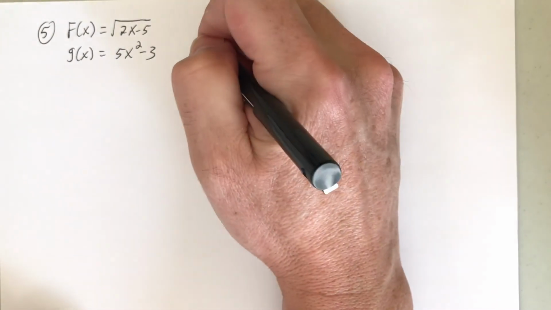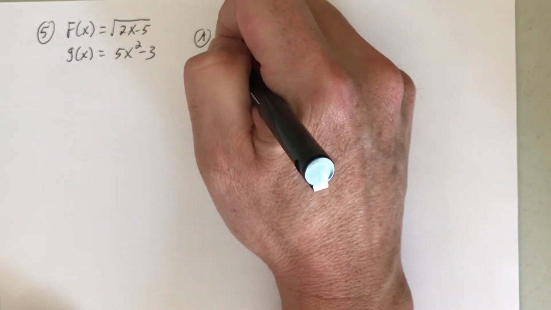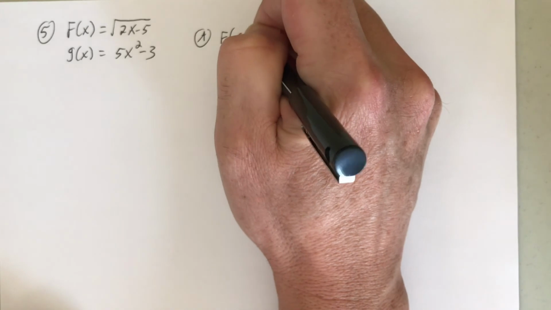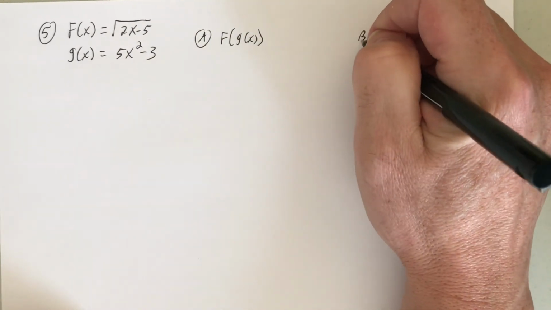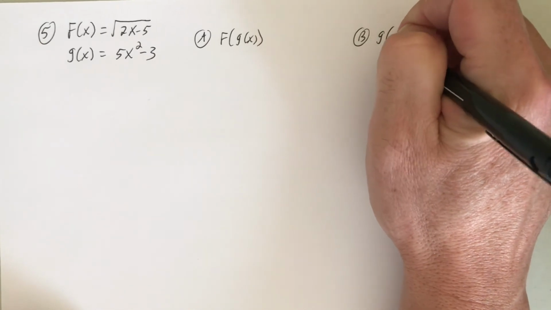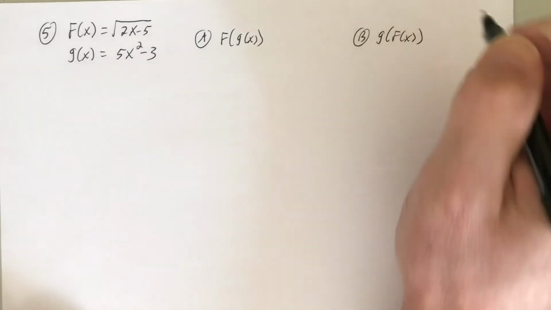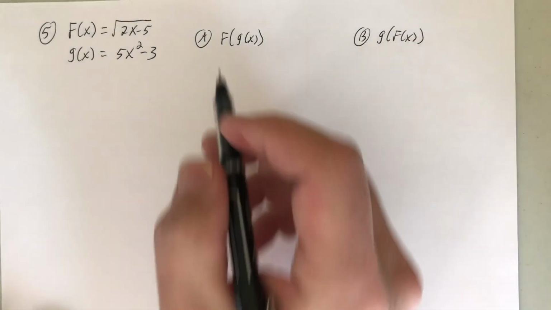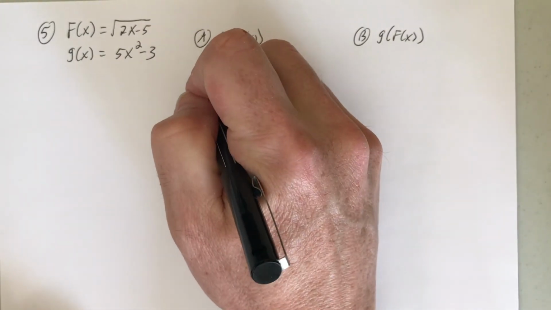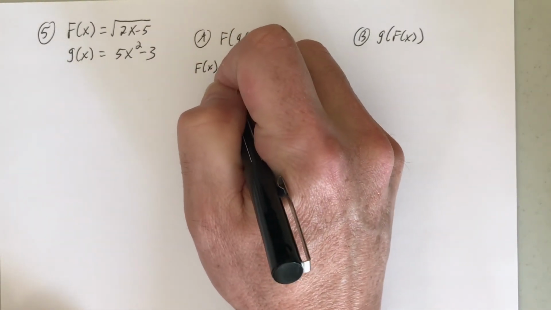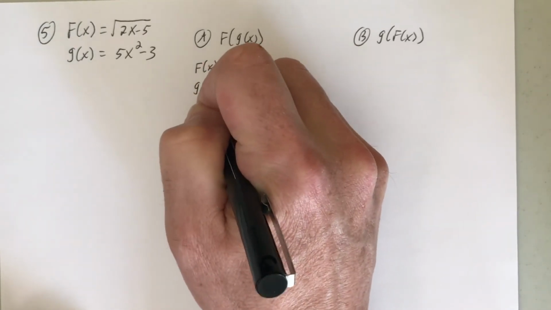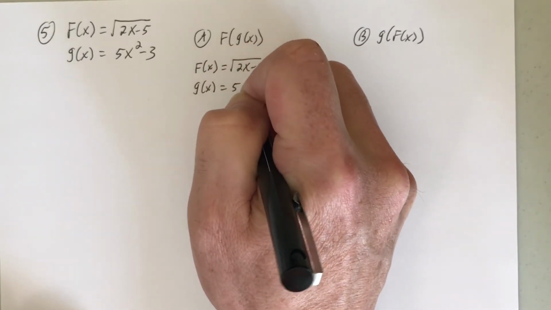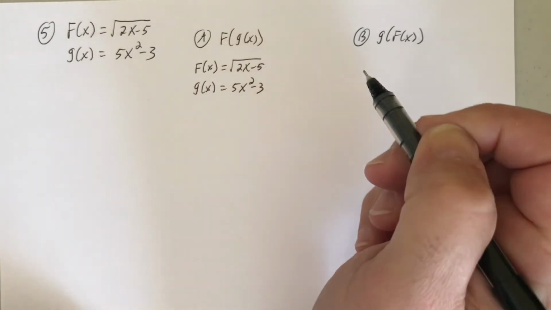So let's find f of g of x first, and after that we'll do g of f of x. I'm going to rewrite these just to illustrate, especially because I brought in a new function here. g of x is 5x squared minus 3.